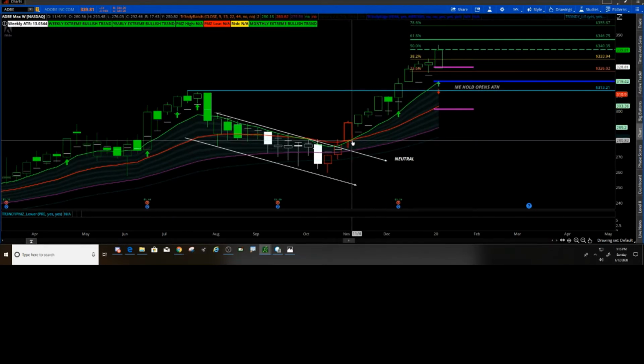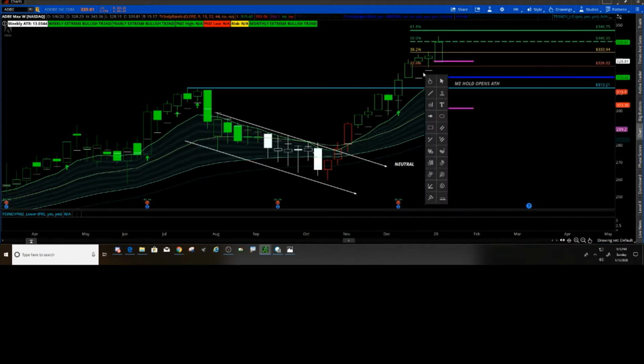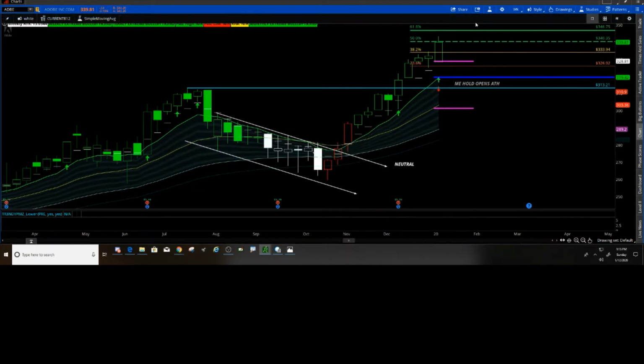Well, as a supply and demand trader, or using your edges, we want to look up and to the left and see where our risk to reward is before taking the trade.